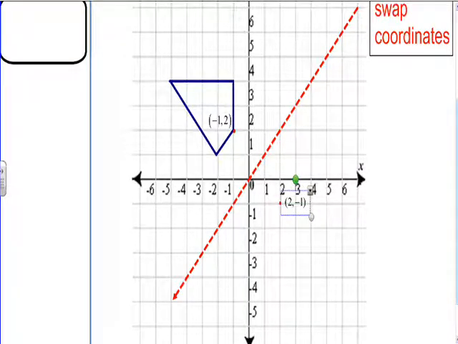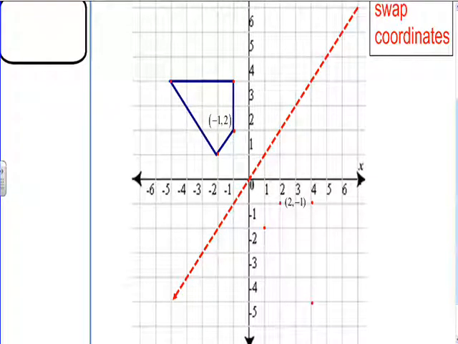So let's figure out what the rest of those coordinates are so we can plot them. This one was -2, 1, so that one's going to move to 1, -2. This one up here is -1, 4, so that's going to move to 4, -1. And then the last vertex here is -5, 4, so that's going to move to 4, -5.